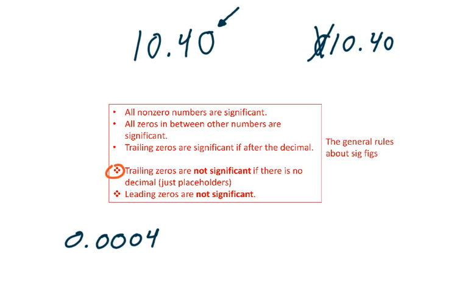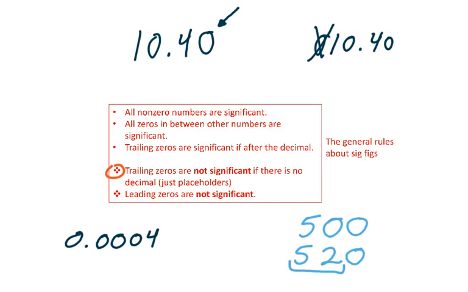This one's a little bit weird and confusing at first, but this means that a number like 500, these zeros are not significant. We don't know whether it's 500 plus or minus 100 or what. 520 would have two significant figures, and the 0 would not be significant. These are the general rules about sig figs.